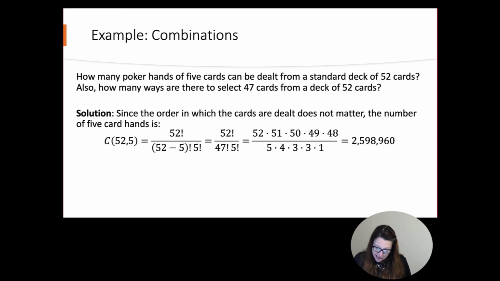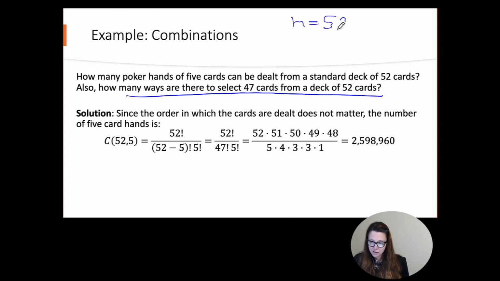All right, so then the next question is, how many ways are there to select 47 cards from a deck of 52 cards? What's my N? My set of cards hasn't changed. 52. What's R? Daniel, nice.